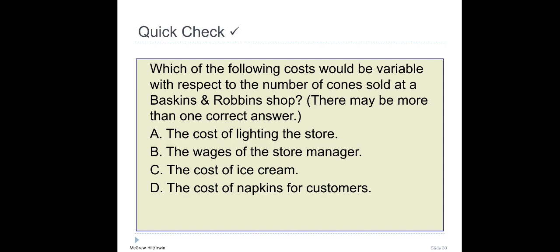The cost of napkins to customers is also a variable cost. The more ice cream the business sells, the more napkins have to be given to the customer, so the higher the cost of the napkins. So see here, C and D are examples of variable cost.